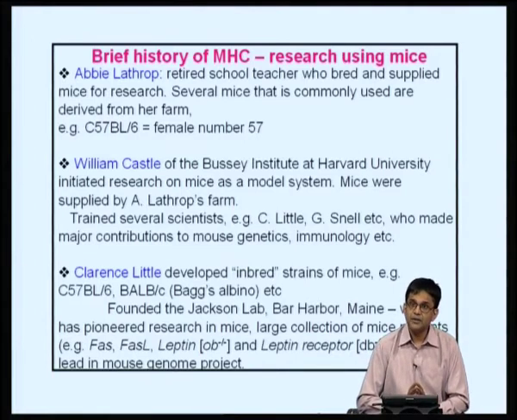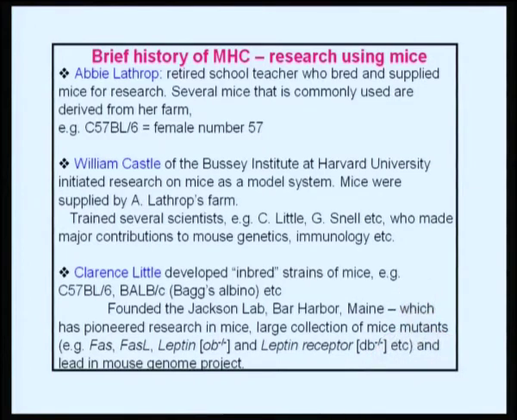The Jackson Lab distributes mouse strains to researchers all over the world. They have a large collection of mouse mutants, especially ones like Fas, FasL, leptin, leptin receptor, etc., which were all generated in the Jackson Lab and have been very important in finding the roles of these molecules. For example, Fas and FasL are important in apoptosis and in the immune system because it's a way of getting rid of cells that are activated and cells that we don't want.